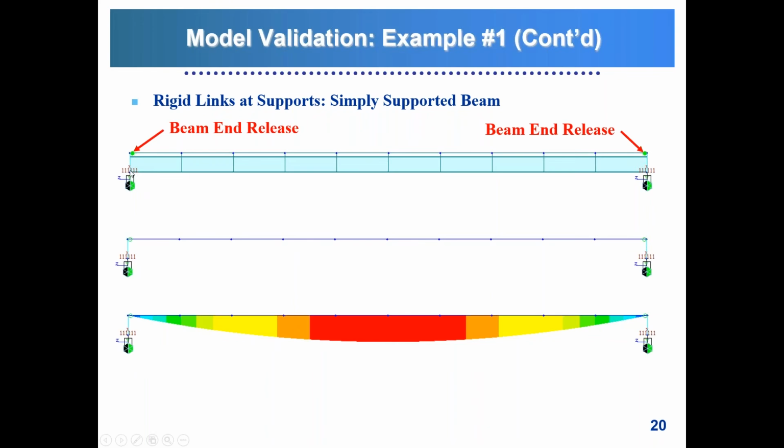You keep the links at the end the same way and add beam end releases. That negative moment is going to drop to 0, and you end up with the correct bending moment for a simply supported beam. If this is not done, you could be seriously underestimating your positive moment at midspan, which is obviously something you don't want to be doing.